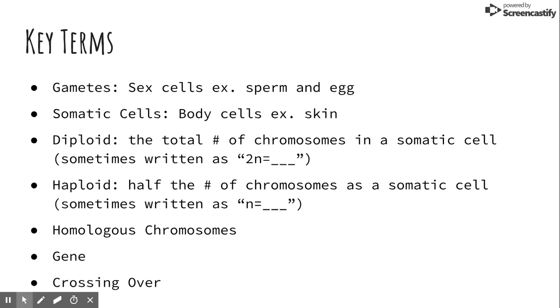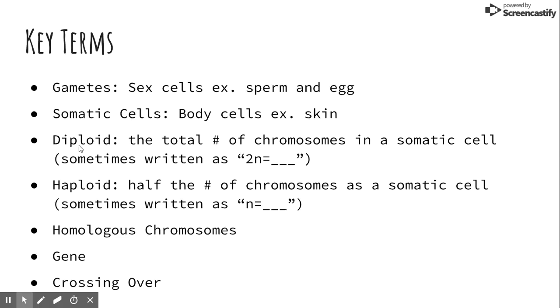Now, we can divide cells in our body based on the number of chromosomes they have. Do they have a full set of chromosomes, or do they only have half of a set of chromosomes? We call cells that have a total full set of chromosomes diploid. Di, this prefix, means 2.